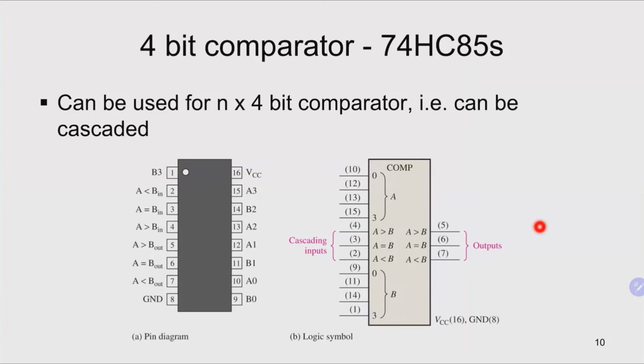In this comparator, besides the 4-bit comparisons, the inputs also have 3 inputs that allow you to cascade the comparator.